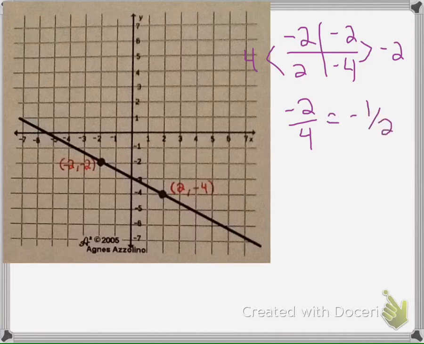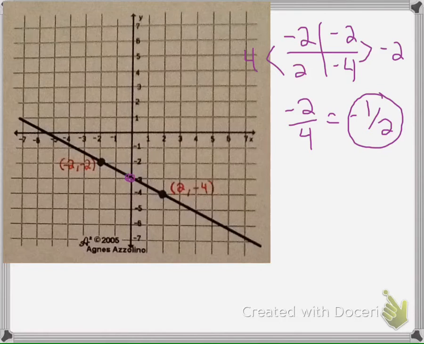And I know for sure it's negative because I read my line from left to right and it's falling. So I know my slope is negative. So I have my slope of -1/2, but I need to find my y-intercept. We can look at the graph and see that it's crossing the y-axis at -3.